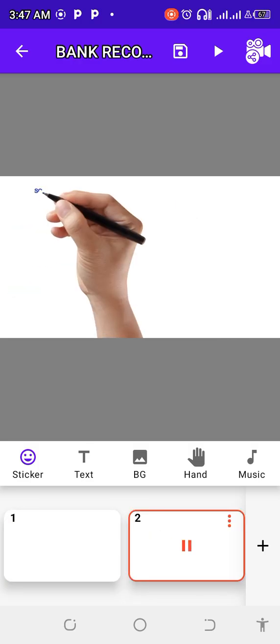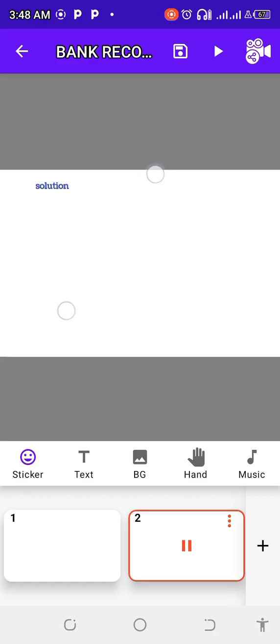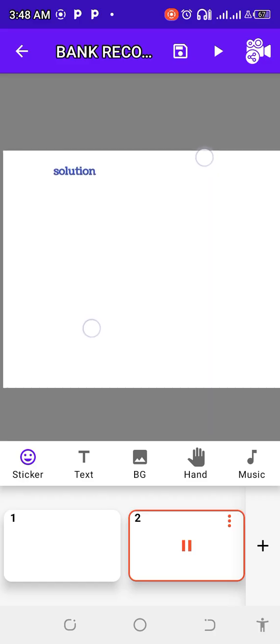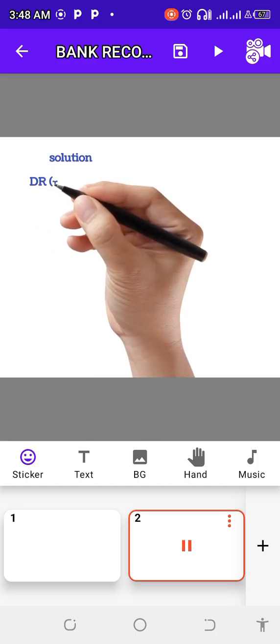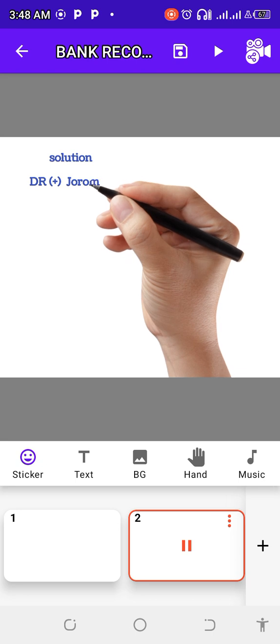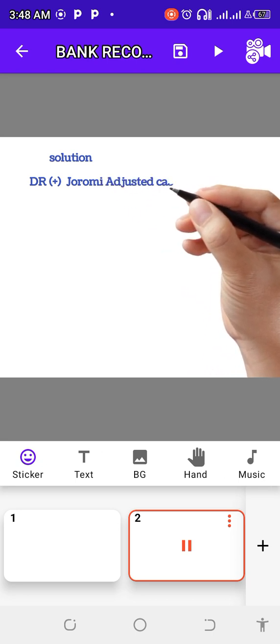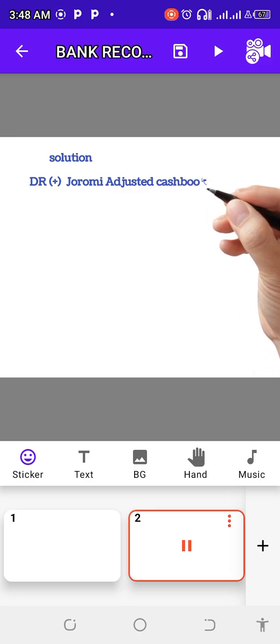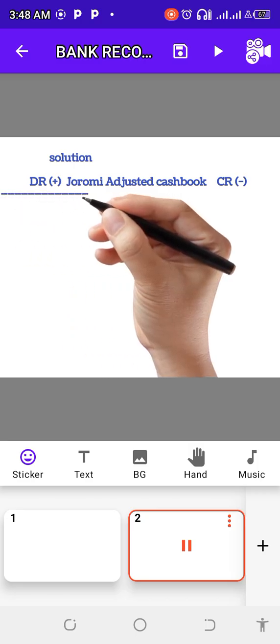Now let's go. The first thing is we're going to take a look at the adjusted cash book of Jerome Limited. We have the debit side and the credit side. Normally we make our T accounts.